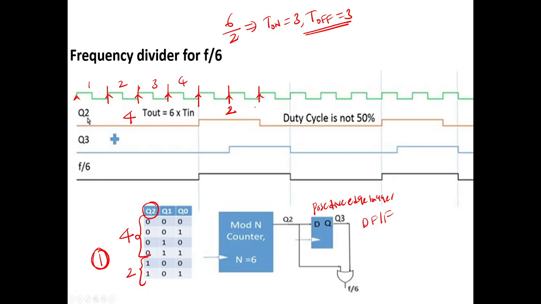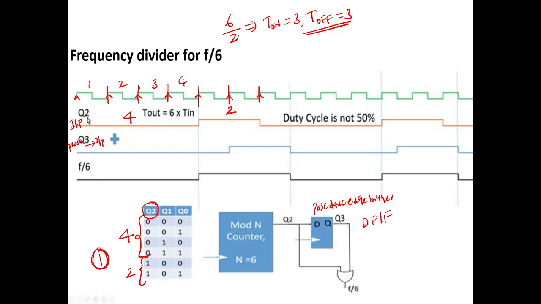Next, Q3 is what? Q3 is nothing but the output of the positive edge trigger D flip flop, for which Q2 is acting as the input. So only during the positive edge will it change.